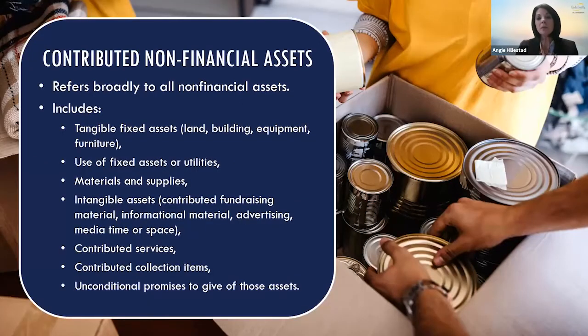To understand really what's covered by the context of the contributed non-financial assets standard, I wanted to first focus on setting a really good baseline understanding of non-financial assets. Very simply, the accounting standards define a non-financial asset as an asset that is not financial in nature.